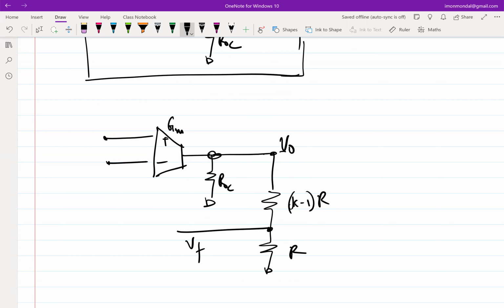So now tell me, will this VF go to the plus terminal or the minus terminal of the DFAM in order to ensure that the loop is in negative feedback? Minus, right? Because again, if you're not sure, you assume that you have applied a disturbance anywhere in the loop, not necessarily here.